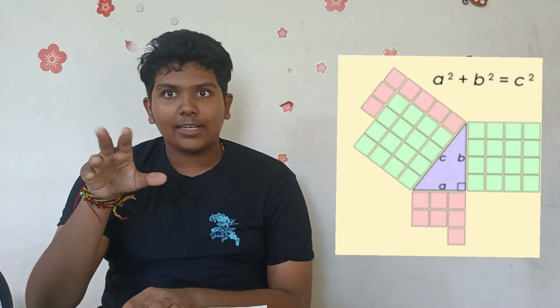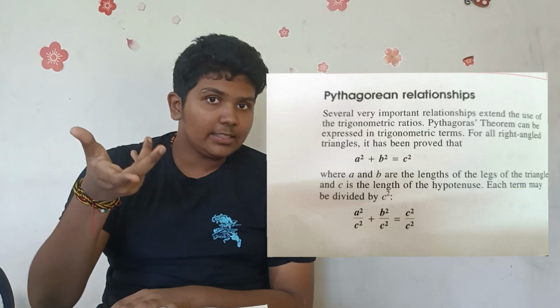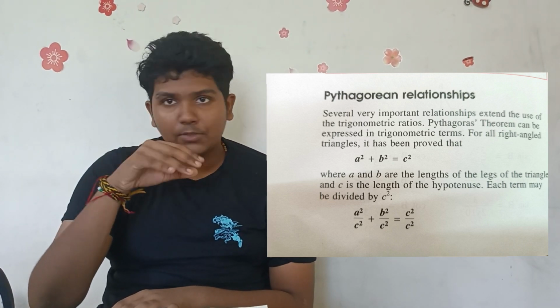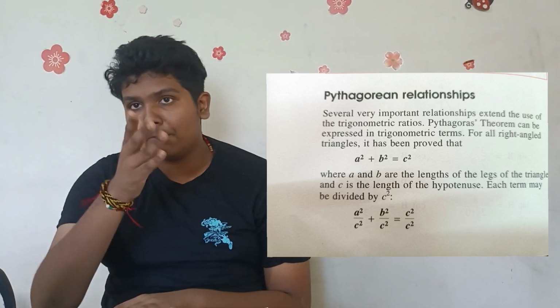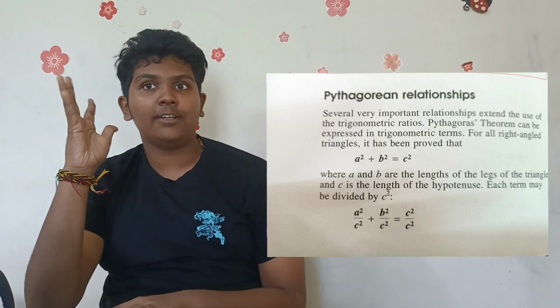So in this, as I told in the previous question, what did you find? A square plus B square is equal to C square. So in this, what if you are told to prove that the sum of two ratios is equal to 1? How do you prove that?